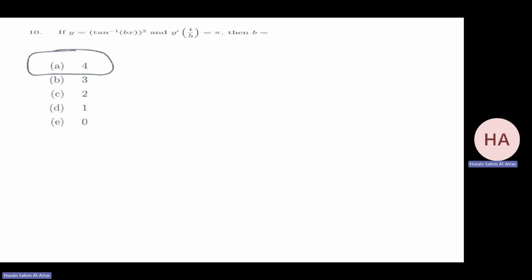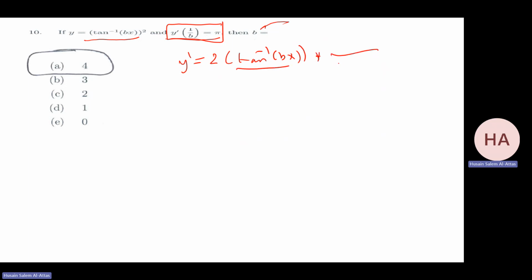Nothing is complicated. If y equals tan inverse squared and y prime of 1 over b equals pi, find b. Okay, so what I need to do is find y prime and then use this relation to find b. Y prime will be what? 2 tan inverse bx times the derivative of this, which is 1 over 1 plus bx all squared, times the derivative of bx, which is b. And I know that y prime of 1 over b should be equal to pi.